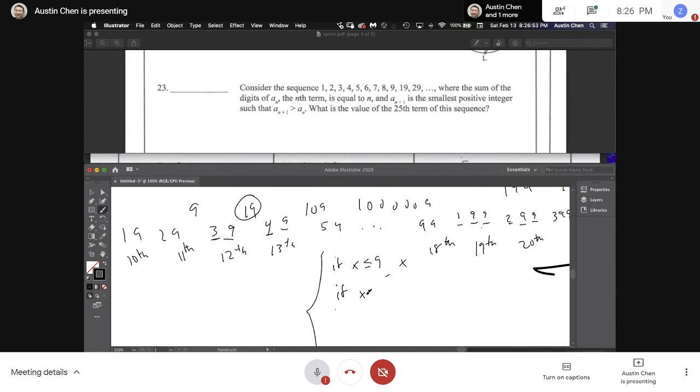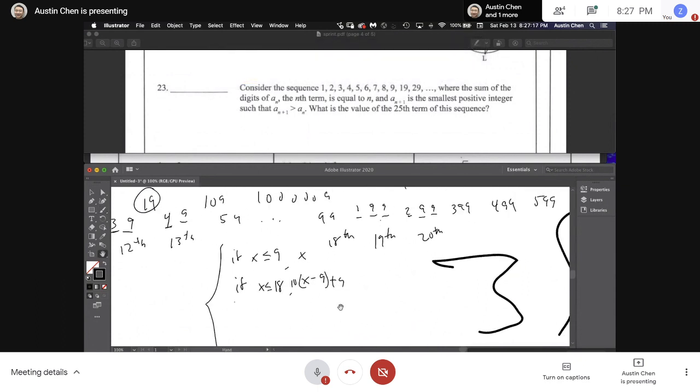If x is less than or equal to 18, then it's going to be x minus 9 times 10 plus 9. And then you can just keep on going with that. But there's probably not a way to do it without partial stuff.